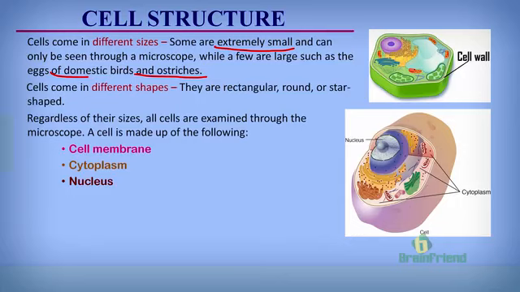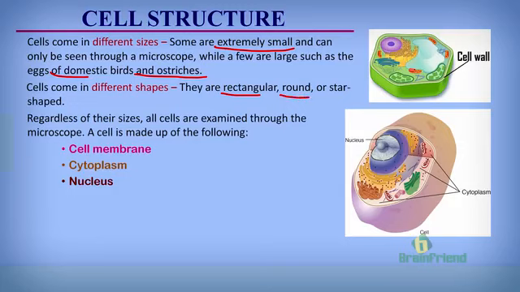It's a single cell, and you can see that cell. The egg of an ostrich is also a single cell. You can see that with your ordinary eyes. But every other cell is too small and you can't see it with your eyes. Cells also come in different shapes. Some cells are rectangular, some are round, some are star-shaped, square, and so on.